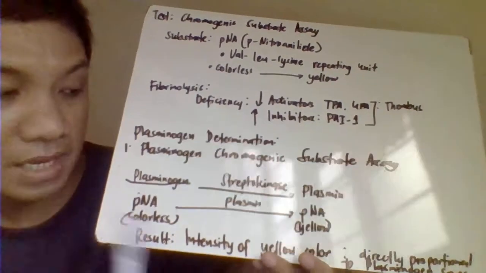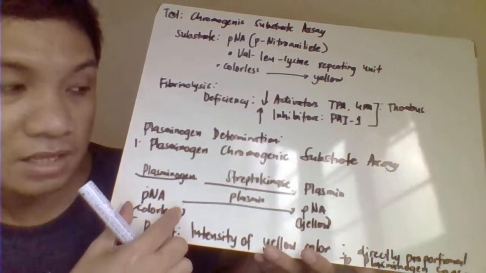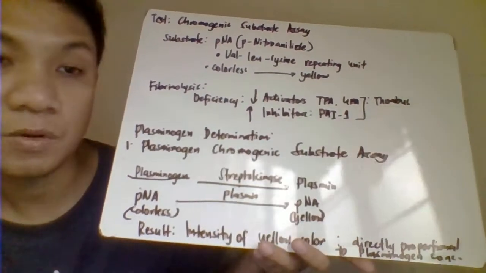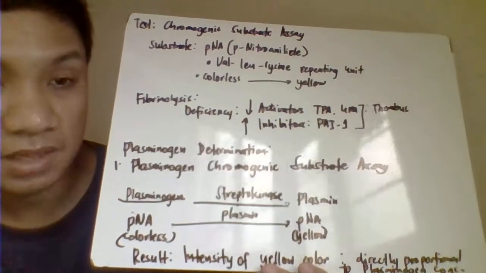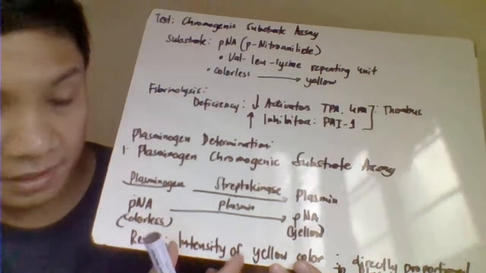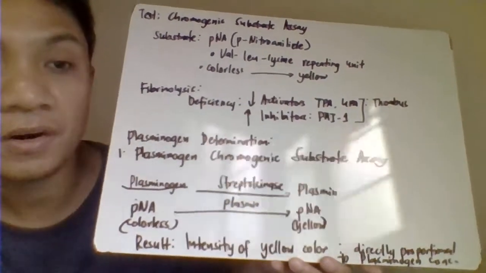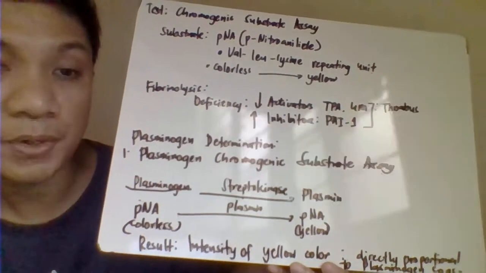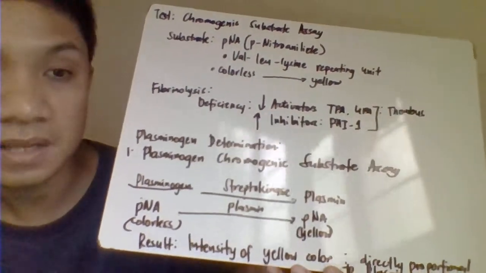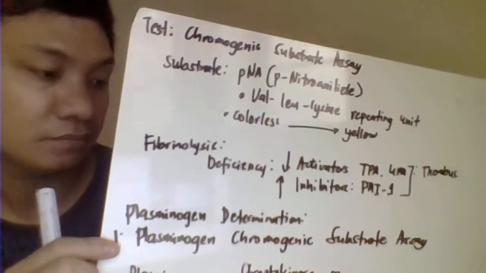Once you have plasmin, your chromogenic substrate p-nitroanilide will be converted to colored p-nitroaniline. You measure that by spectrophotometry or even by fluorometry, but it's more often spectrophotometry. The result: the intensity of the yellow color will be directly proportional to the concentration of plasminogen. Meaning, the more intense the yellow color, the higher the concentration of plasminogen.